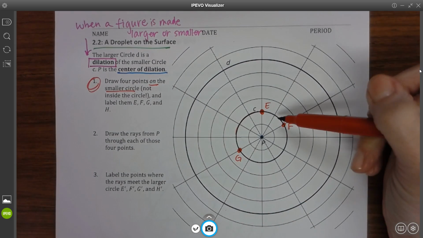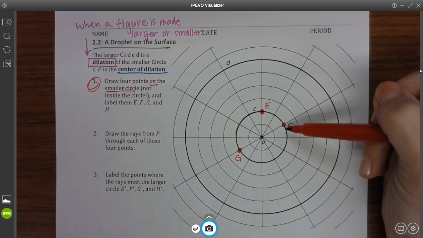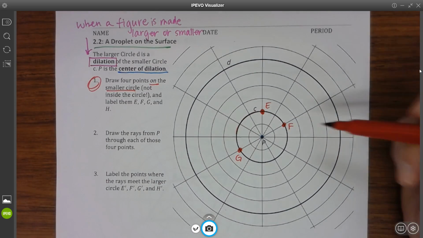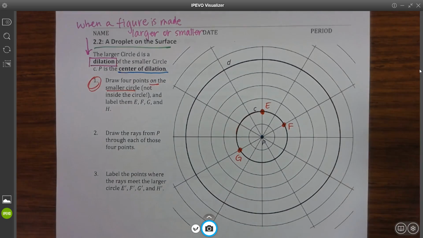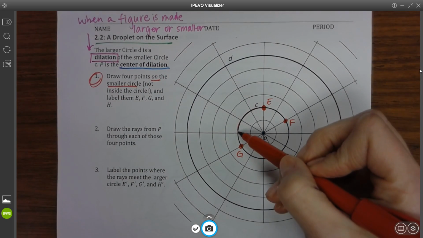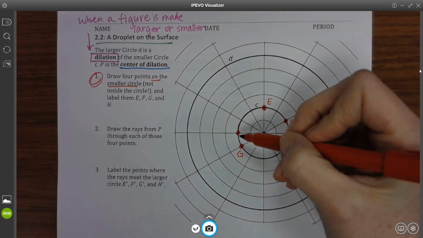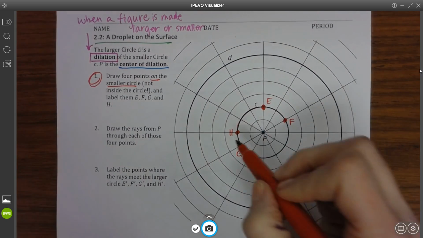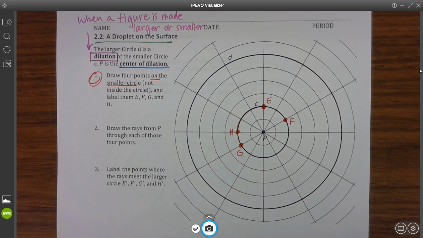The only thing I would suggest is you don't put them in the middle. You don't have to put them where these lines are, but that's where I'm going to put them. The reason I suggest it is it'll be a little less work in a few minutes. And I know we all like that.